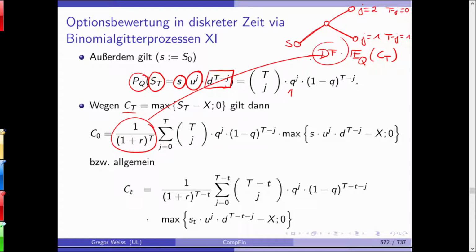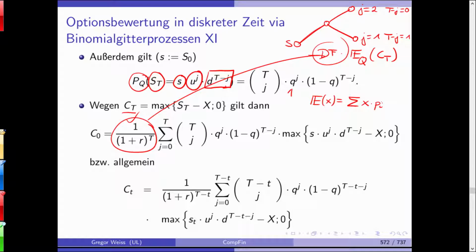Risk-free rate, that's done. The expected value for a discrete random variable is the sum of the outcomes weighted with the probabilities. Remember, expected value of x is simply the sum of all x times the probabilities in the discrete case.